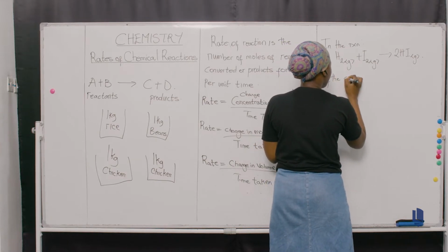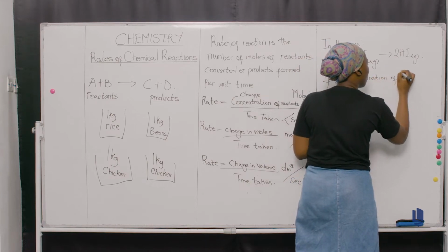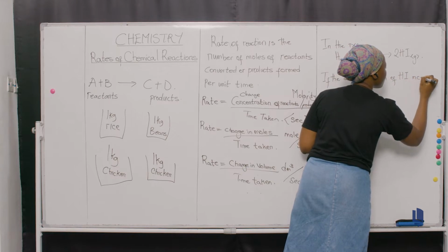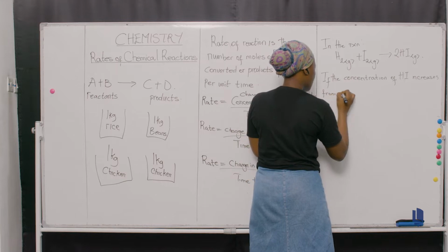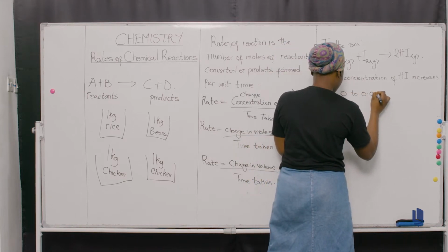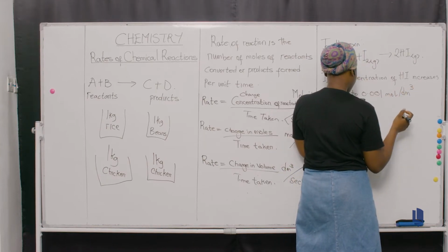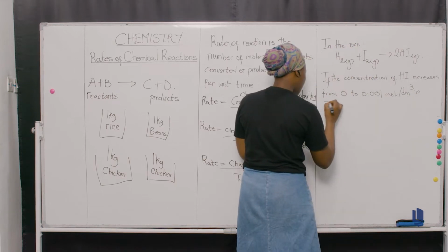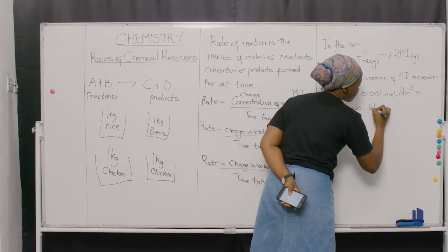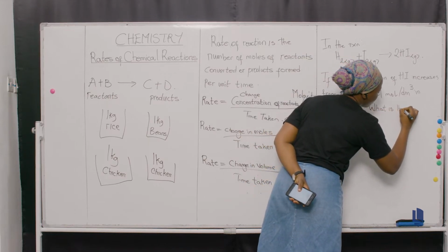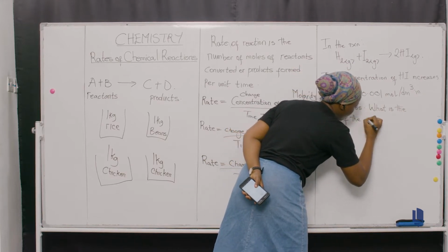If the concentration of HI increases from 0 to 0.001 mole per dm cube in 50 seconds, what is the rate of the reaction?